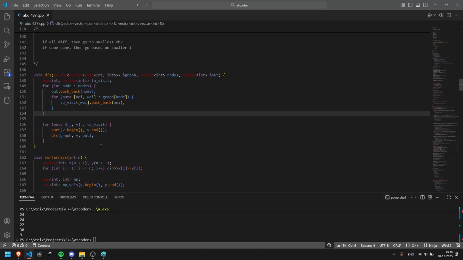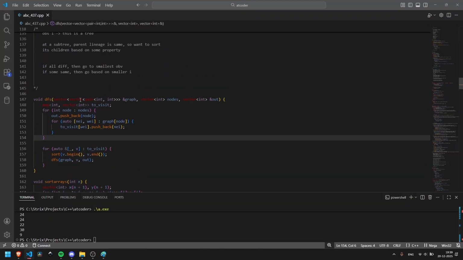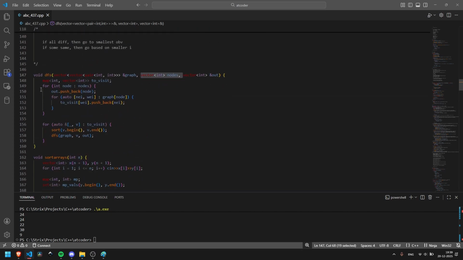So this made the implementation fairly straightforward. At a DFS call, we have a graph, obviously, which was constructed. We have our output vector and we have the current set of nodes. For every node in the current set of nodes, we first push them in the output vector, and then for every outgoing edge, we add the node to its corresponding edge weight.